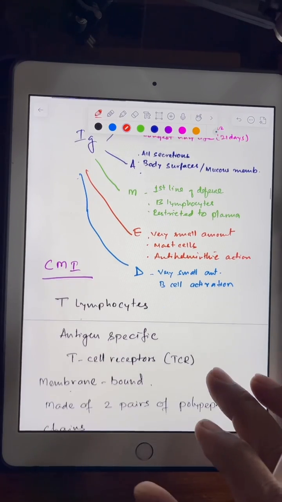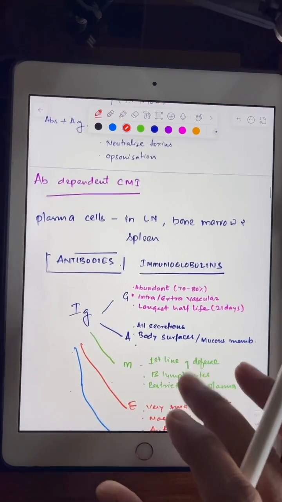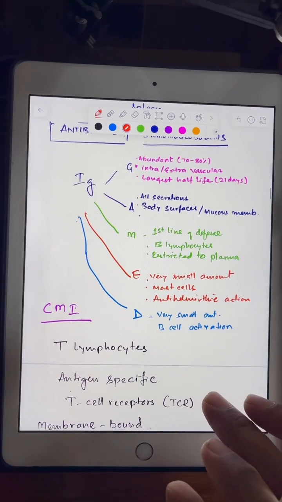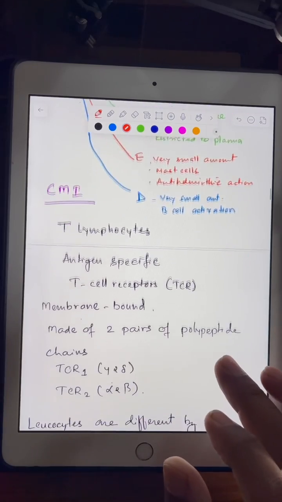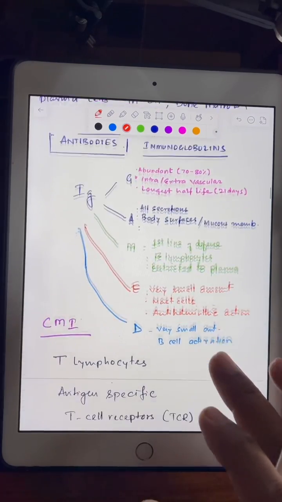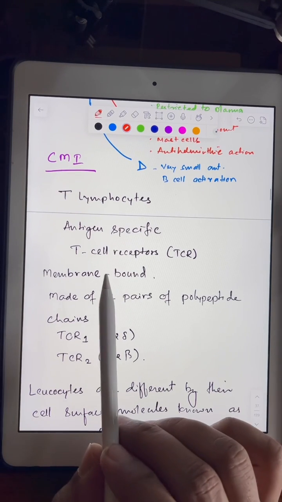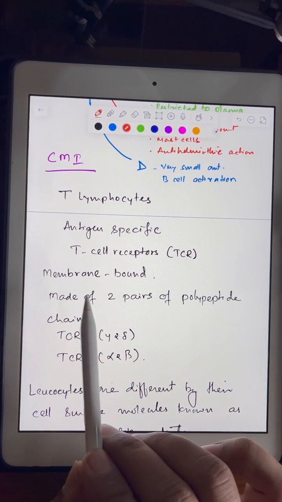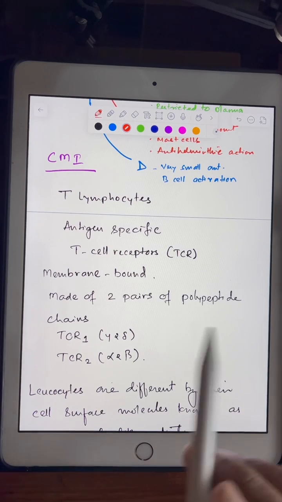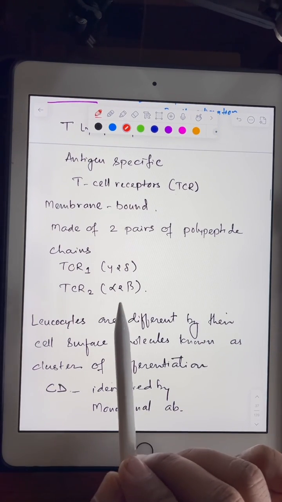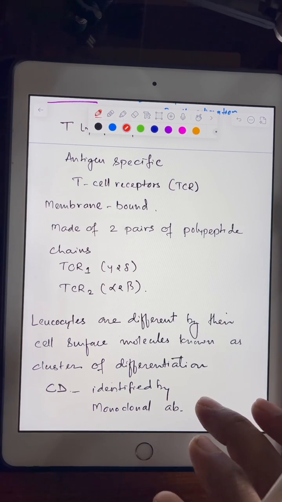Cell-mediated immunity. We have seen humoral immunity through antibodies. Cell-mediated immunity is through T lymphocytes and humoral through B lymphocytes. Cell-mediated antigen-specific T cell receptors are membrane bound, made up of two pairs of polypeptide chains: TCR1, gamma and delta, and TCR2, alpha and beta.